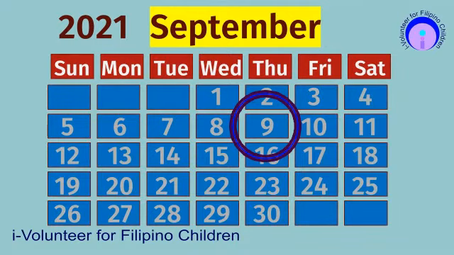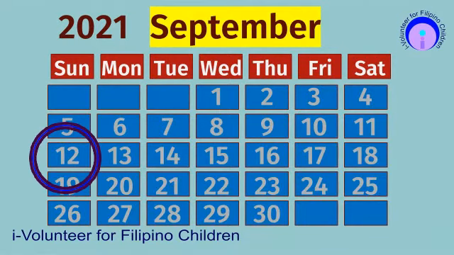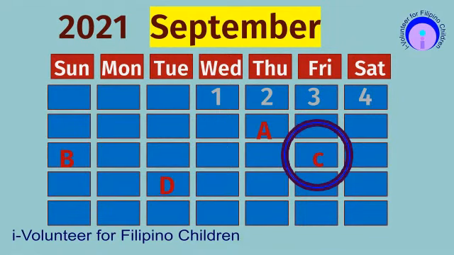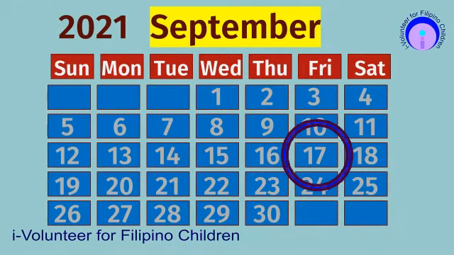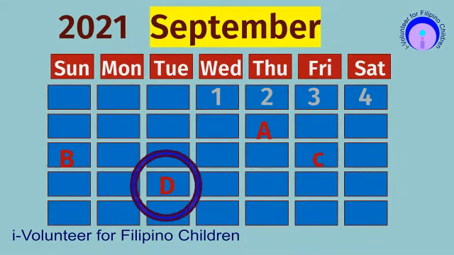September 9 is for letter B, represents September 12. After 5 days, we have September 17. And after 4 days, D becomes September 21.